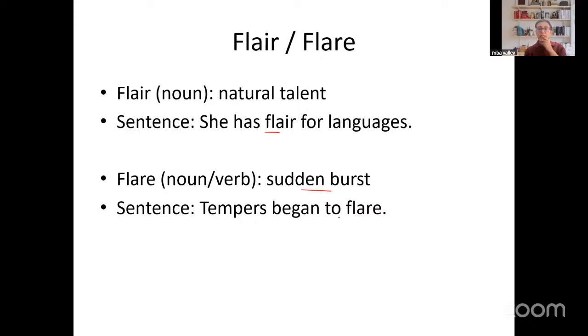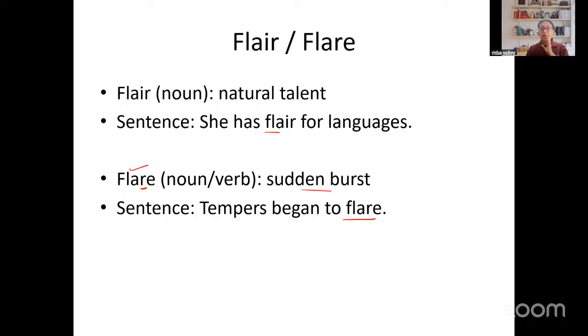Temper began to flare. जब आग भड़कने लगती है, आंधी आ गई और आग जल रही है, तो आग भड़कने लगेगी, then we would say the fire flare, F-L-A-R-E. ये वाला flare नहीं लगेगा, right? Similarly, जब हम denims की बात करते हैं और हम flared denims बोलते हैं, तब हम इस वाली word को refer करते हैं. ये इस word का second meaning है.